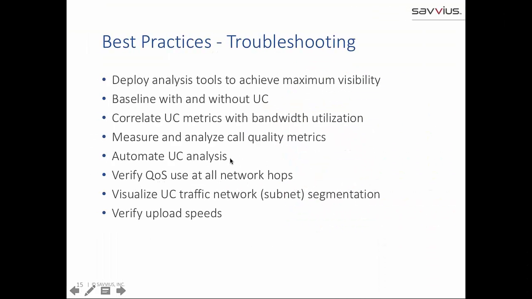So I know that was kind of a quick tour in terms of the best practices, but hopefully the point I was able to make there is that OmniPeek and our associated appliances, if you're using an appliance, is doing a tremendous amount of voice over IP analysis in the background, and basically unified communication metrics in general.